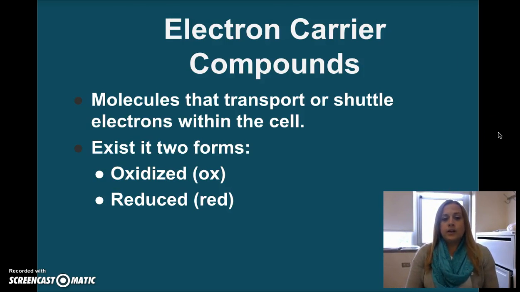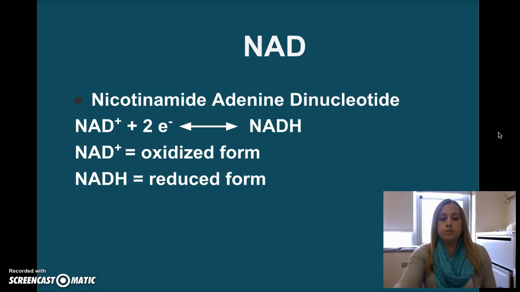All right, so I talked about this NAD plus and NADH, and we're going to explain that now. NAD plus is an electron carrier compound, and the whole point of this molecule and other molecules like it is to shuttle electrons around within the cell. These electron carriers exist in 2 forms, an oxidized form and a reduced form.